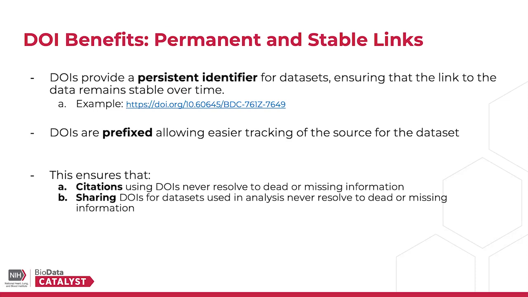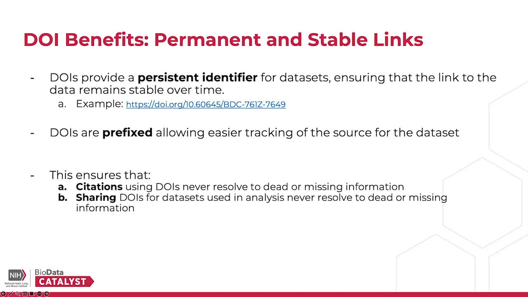Now, the nice thing about a DOI is this DOI will always resolve. It doesn't matter if that data set changes places, if it's in Gen 3, if it's in some other system later on down the road, as long as the metadata for this link is updated, this will always resolve.